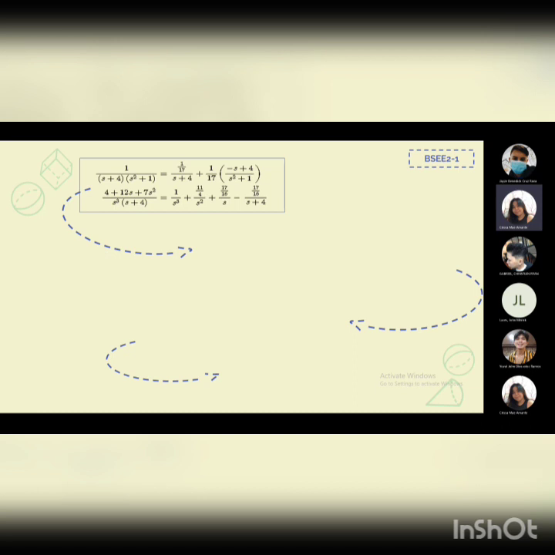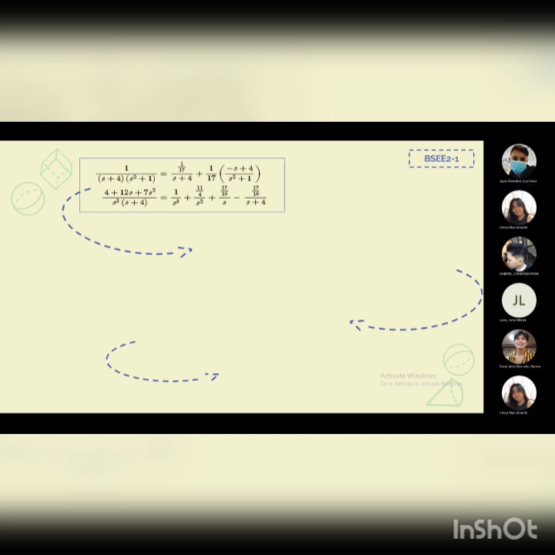And 4 plus 12s plus 7s squared over s cubed times the quantity of s plus 4 is equal to 1 over s cubed plus 11/4 over s squared plus 17/16 over s minus 17/16 over s plus 4.